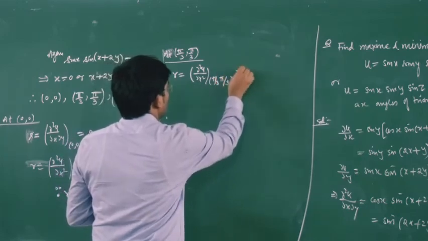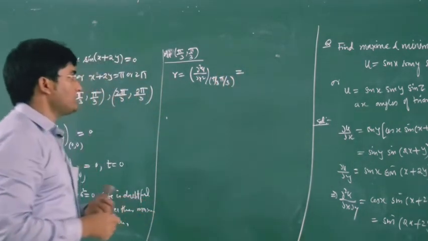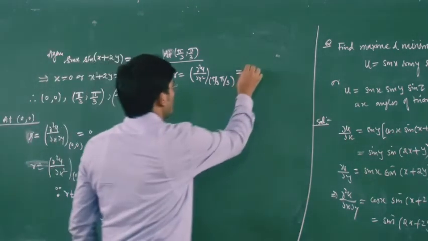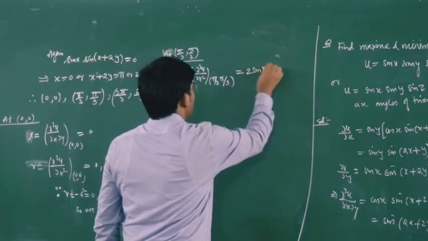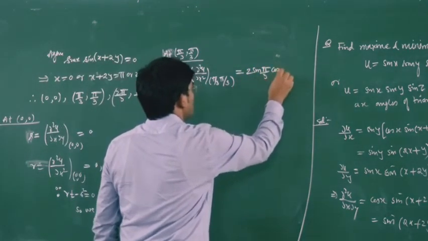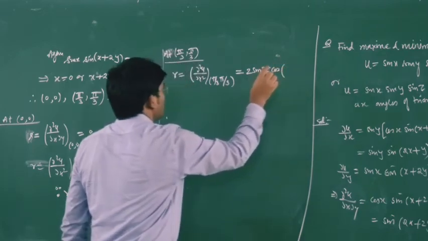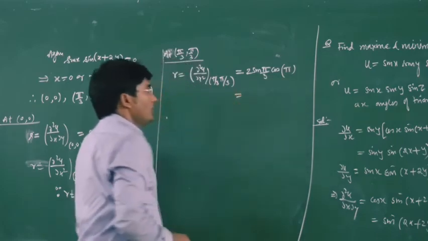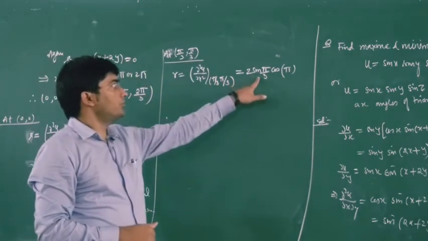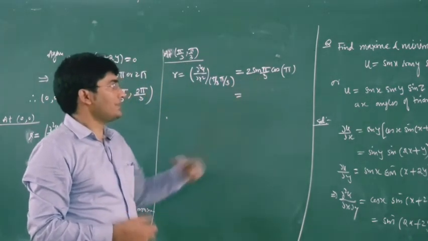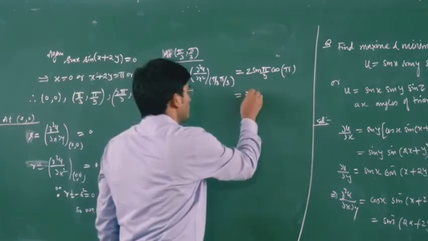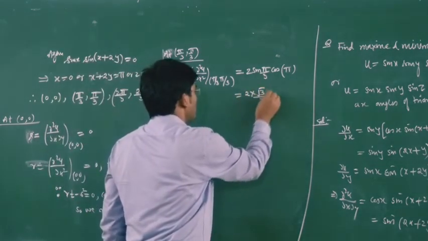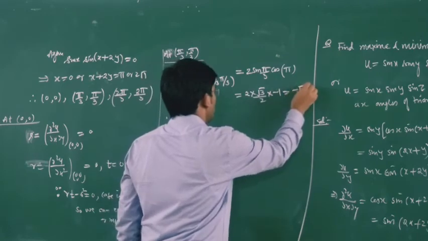This will be 2 sin pi by 3 into cos 2 pi by 3 plus pi by 3. That means 3 pi by 3, so that means cos pi. Your sin pi by 3 means sin 60 degree, which is root 3 by 2, and cos pi is minus 1, so we have minus root 3.